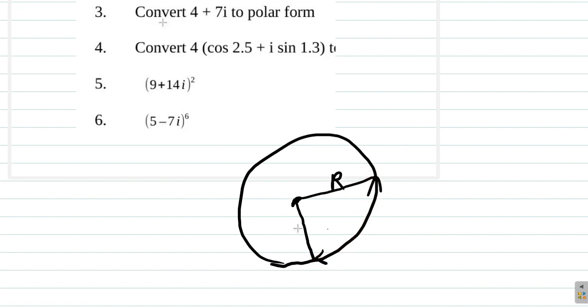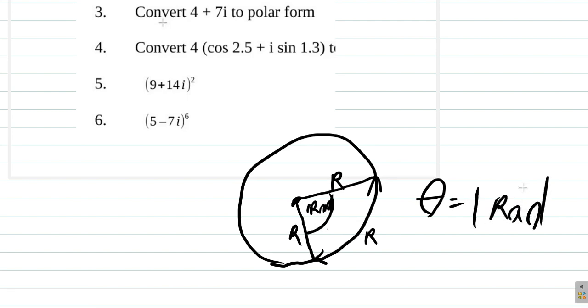If this is a radius r and this is a radius r and this length is a radius r, then the angle here is 1 radian. So theta equals 1 rad.